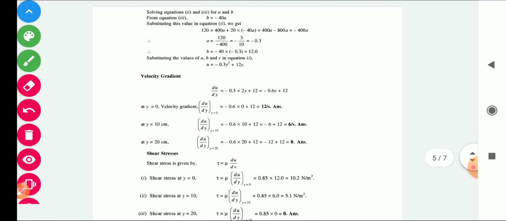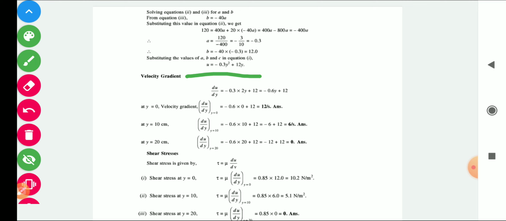So after solving these two equations, the values of a and b are this one. If we put the values of a, b and c in the velocity profile equation, then the final velocity profile will be u equal to minus 0.3 y square plus 12y.